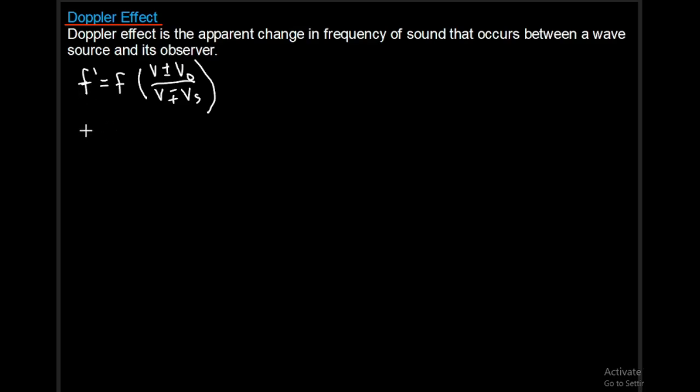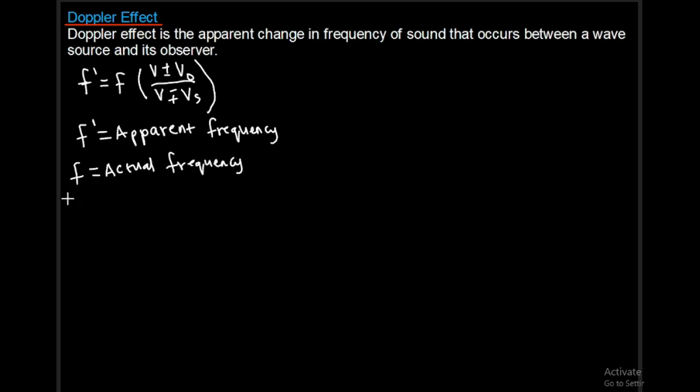Do not forget, f prime is our apparent frequency. And then f is the actual frequency. V is the speed of sound, or you can call it the velocity of sound also.